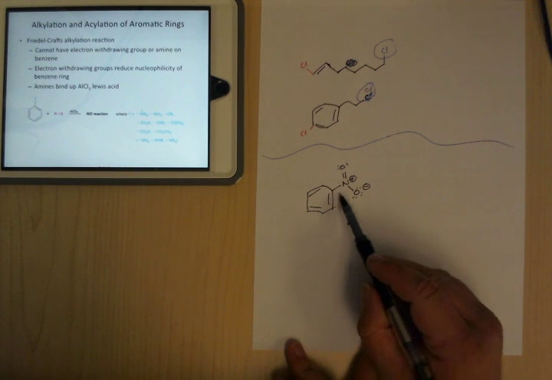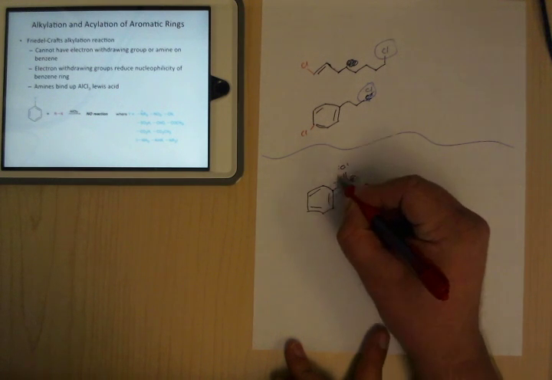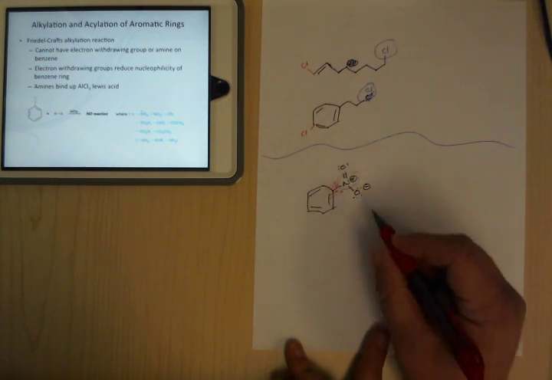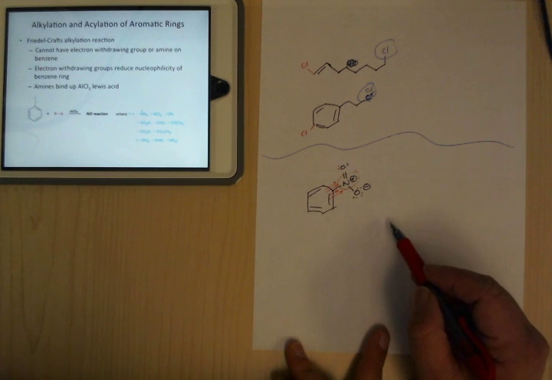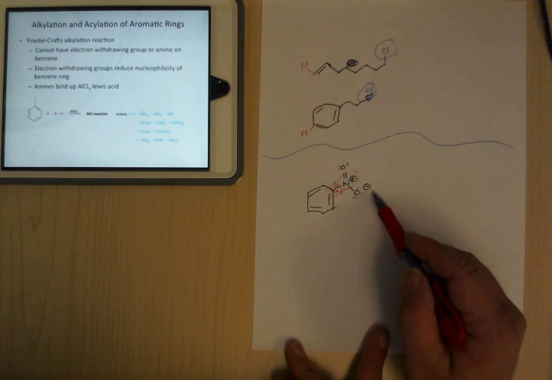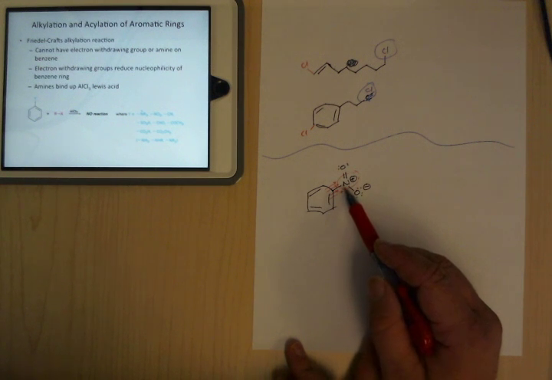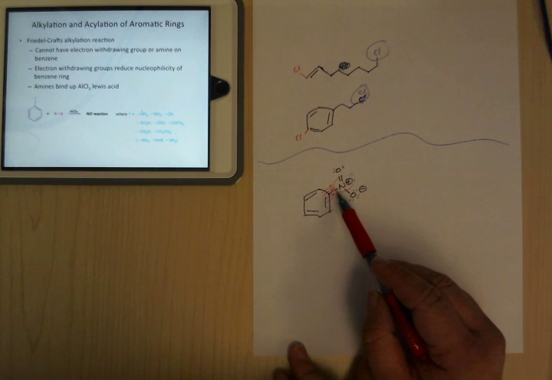Because this positive charge is here, it's sucking electron density away from the ring, so the ring is not going to have enough oomph to go in and attack. It would be sort of like having a bullet that only had half the gunpowder in it. It wouldn't fire nearly as hard as one that was full.